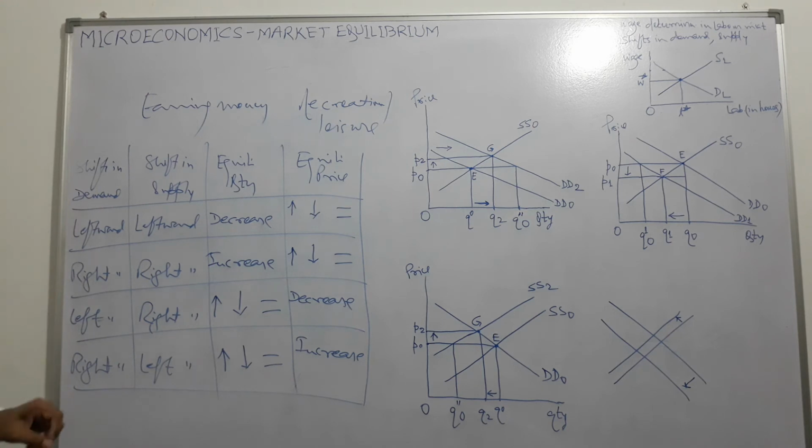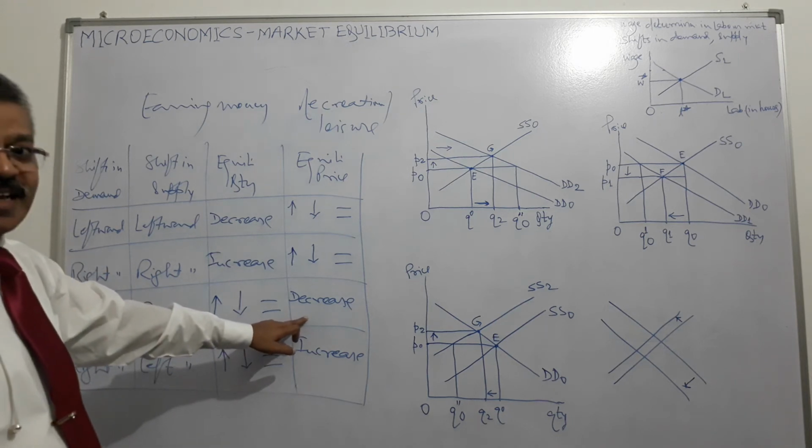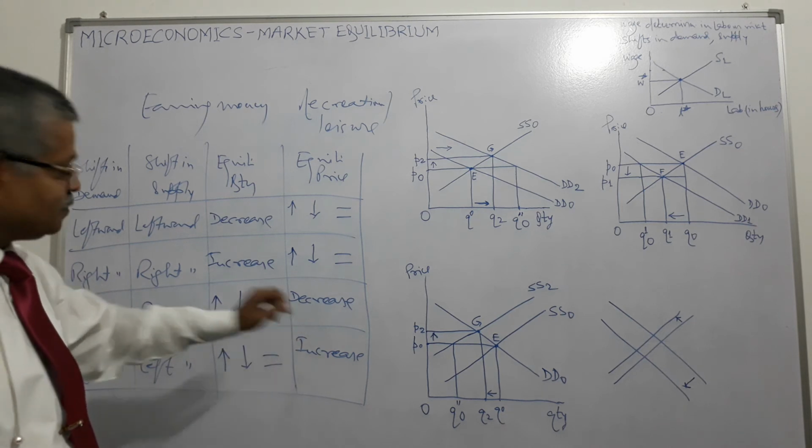Why is price decreasing? Because the shift in demand is left, meaning demand has reduced, and the shift in supply is right, meaning supply has increased. So demand has declined, supply has increased, so naturally price will go down.